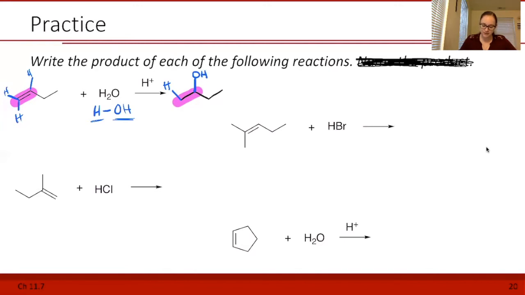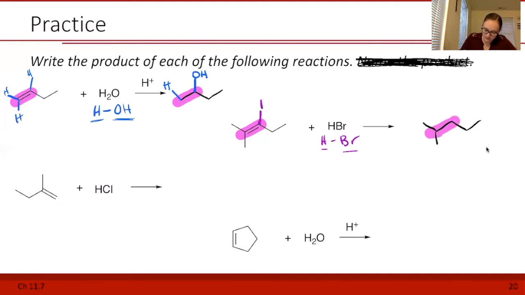Let's go down to the right. Again, let's highlight where our alkene is. This time we're adding HBr. So I'm going to draw that out, H-Br. So I'm adding H to one side, Br to the other. Draw out our carbon chain the same. Highlight where our double bond was, and then let's add in our H and Br.